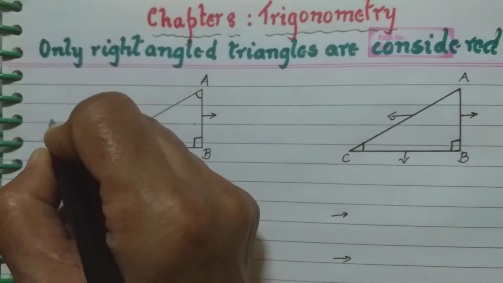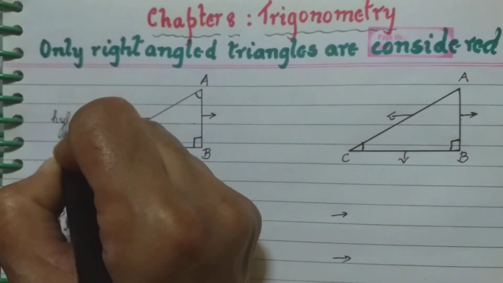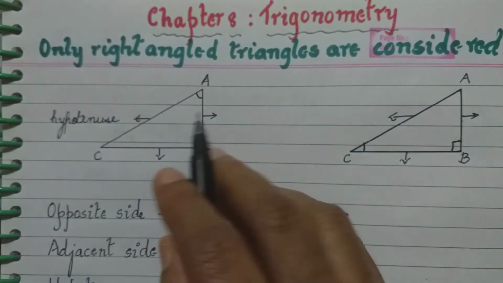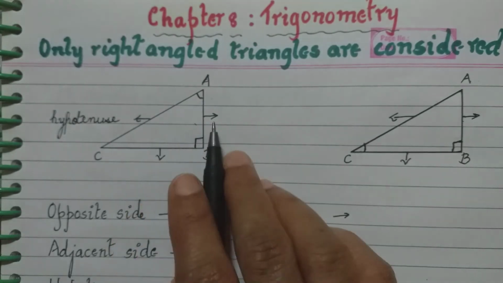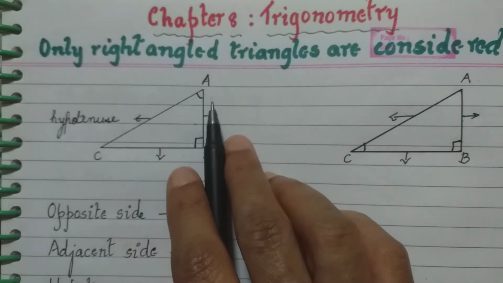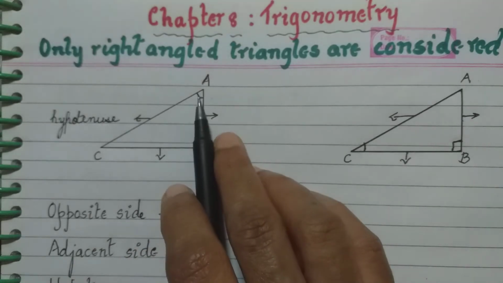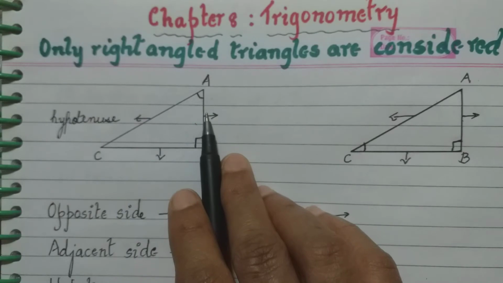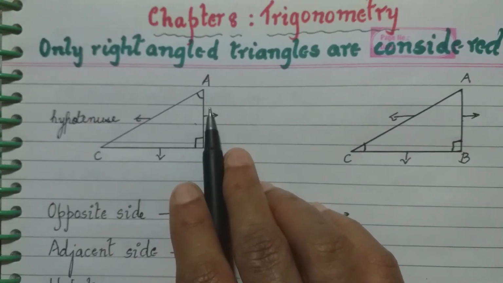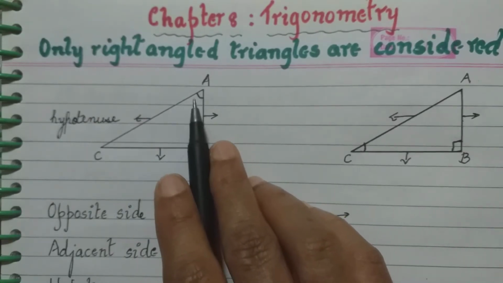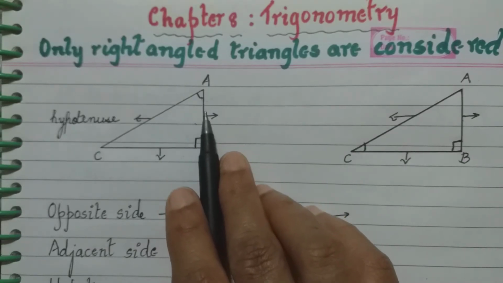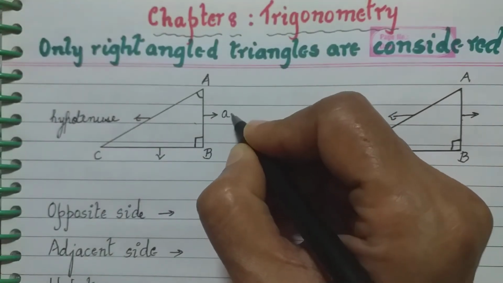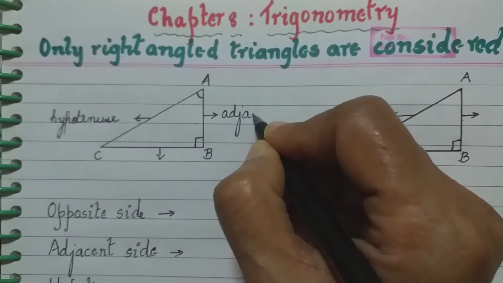Now we look at the other two sides in relation to the acute angle which is marked. Since the acute angle is at A, the side just next to it is called the adjacent side.